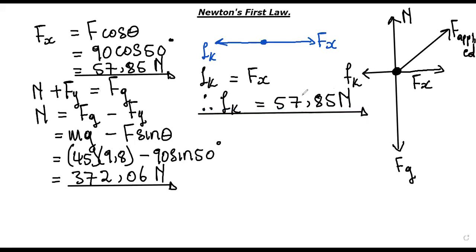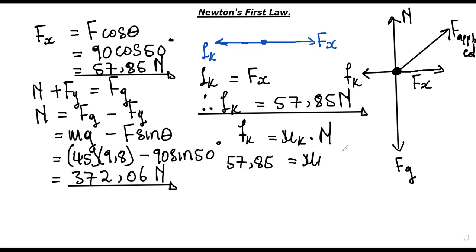So now that we know the magnitude of the kinetic frictional force, we go to the definition of the kinetic frictional force. We take the coefficient of kinetic friction and then we multiply it by the normal force. So the magnitude of the frictional force is this much.